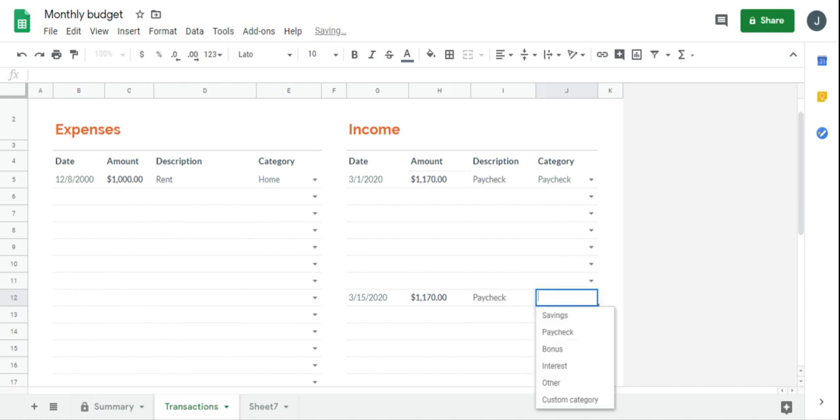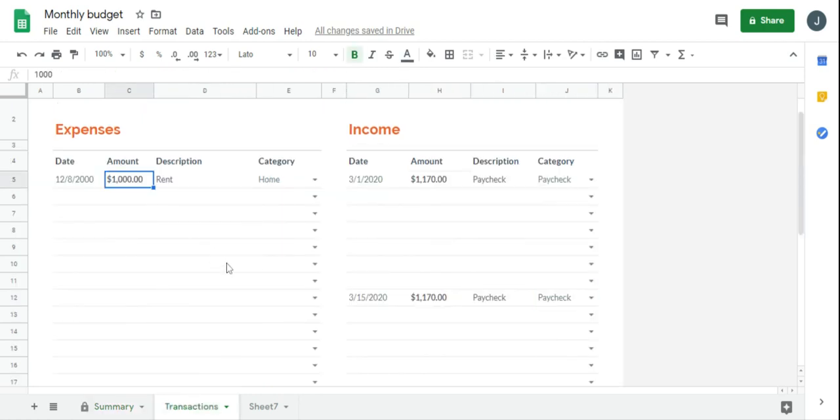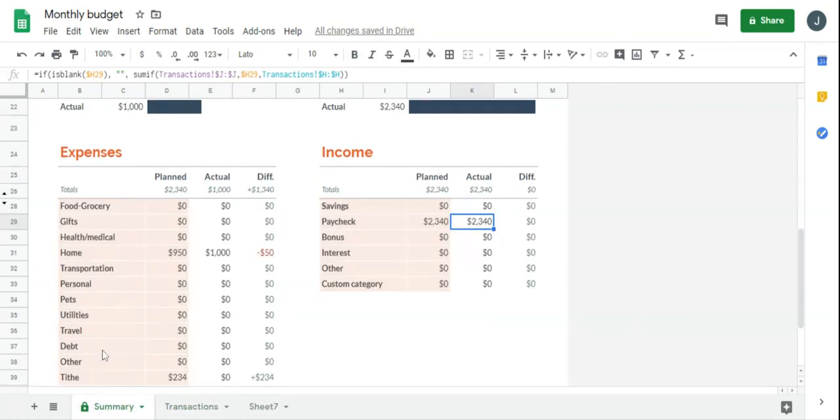This one needs to be changed into paycheck. All right, now if we look at our summary, that is your actual now. We were thinking 2340 as our assumed, and that's fine, and then you got that as your actual. Perfect.